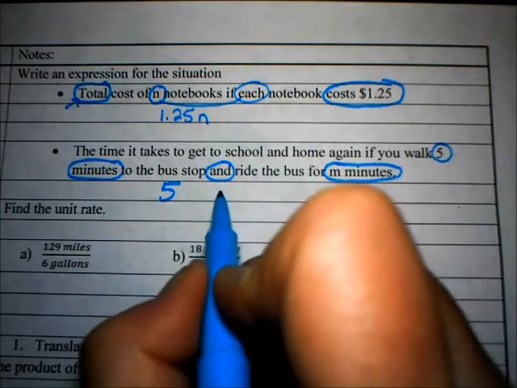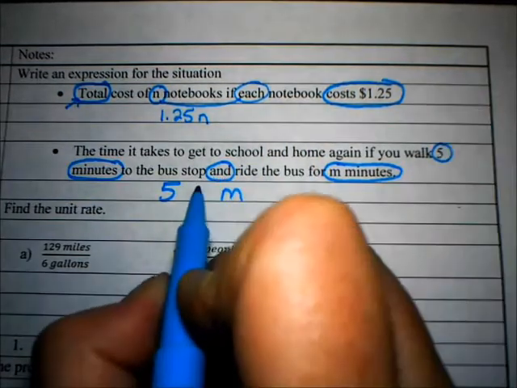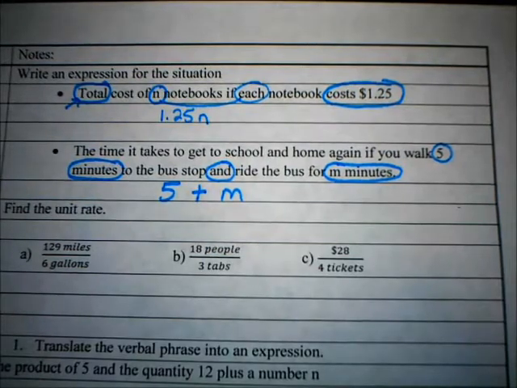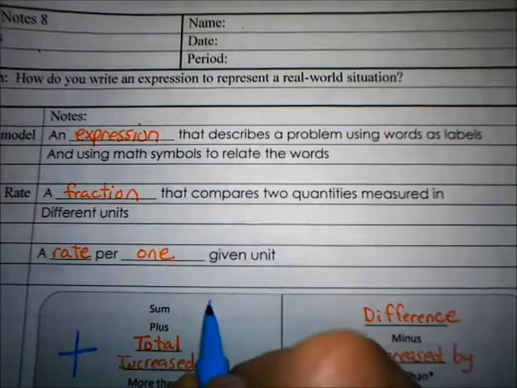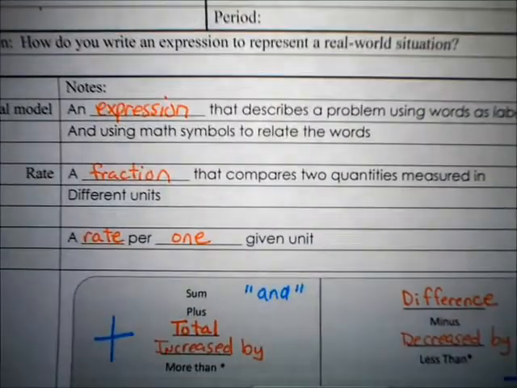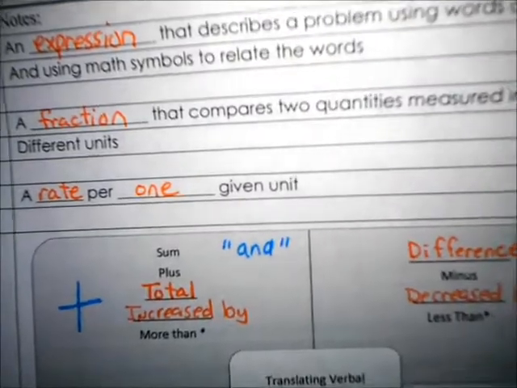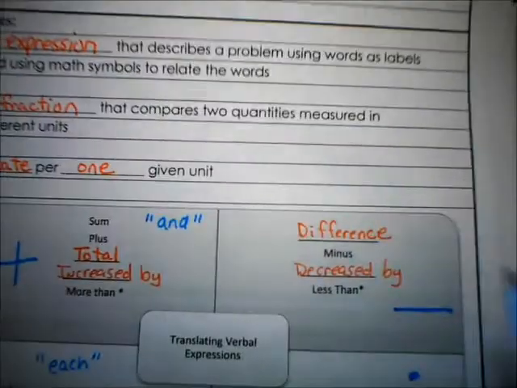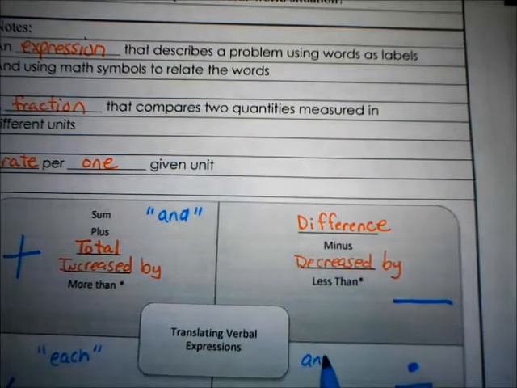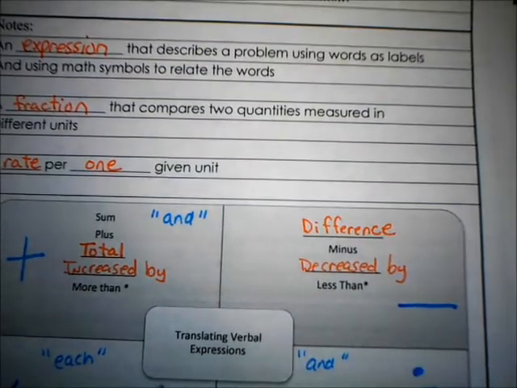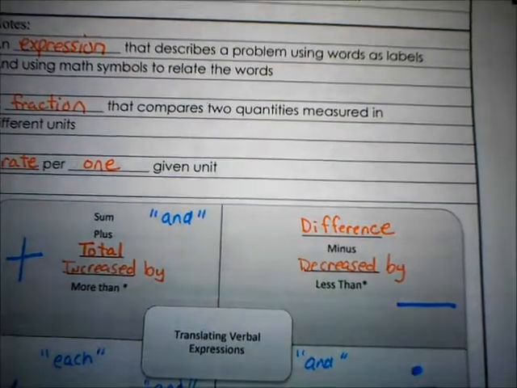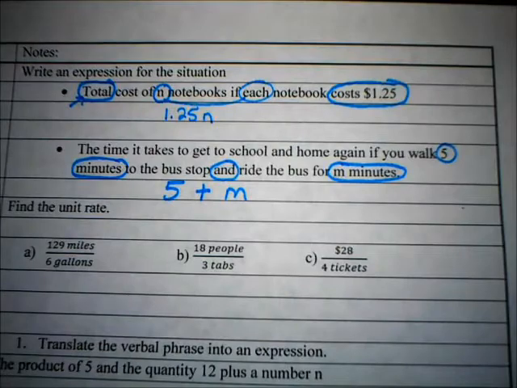Then from there it's a total of m minutes. Well, this and means I'm actually just adding these two things together. This one's a sometimes, that's why it's not written in there, and it usually applies to the plus sign. But realize the and was in the division. It will also show up in the multiplying. So we got to be careful with the word and.